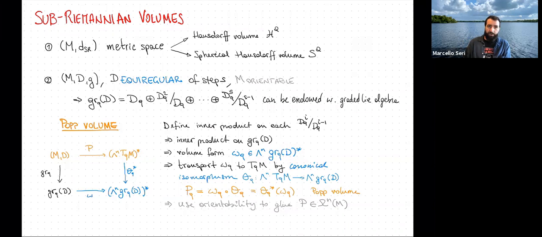I don't want to go into more details on this. It's extremely well explained in both Ledonne's lecture notes, in the book by Agrachev, Barilari, Boscain, in the paper where it was introduced. But when you look carefully at how it works, it's a natural extension of the construction you would have in the Riemannian case.